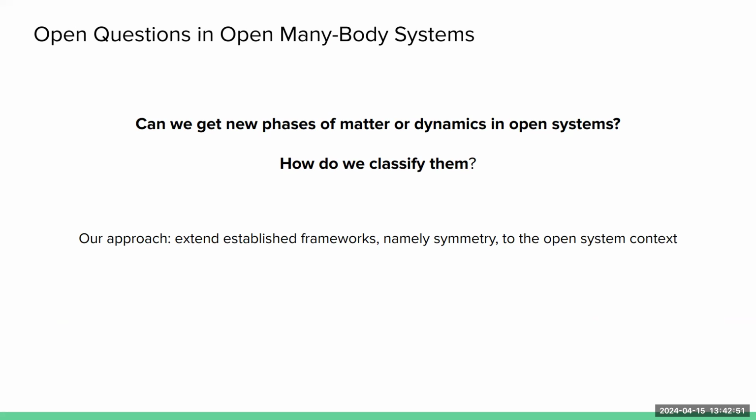And given that, the natural question is whether we can, in some sense, classify these different states or different kinds of dynamics. And so in this talk, I'll present two projects attempting to carve out some new understanding in these directions by extending established frameworks in the context of traditional condensed matter, based namely on the context of symmetry.